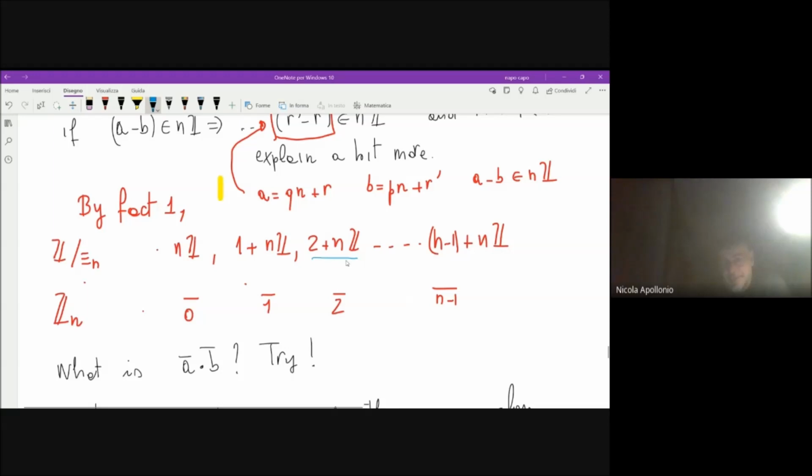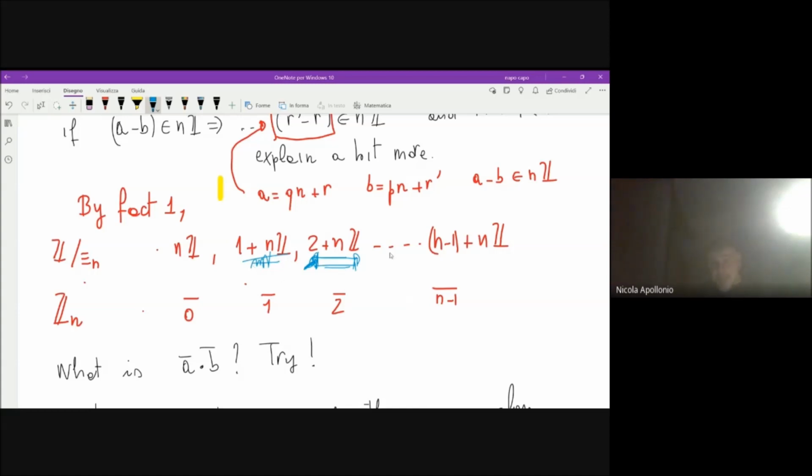look at this one. This is precisely the set of integers that, when divided by n, give remainder 2. This is precisely the set of integers that, when divided by n, give remainder 1. 4 plus nZ is precisely the set of integers that, when divided by n, give remainder 4.